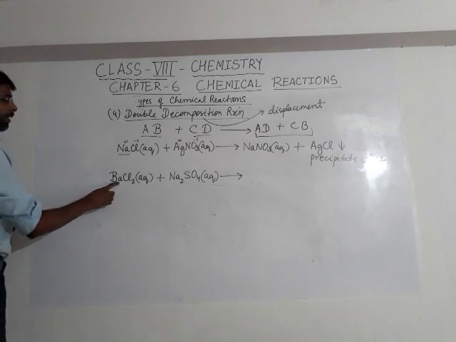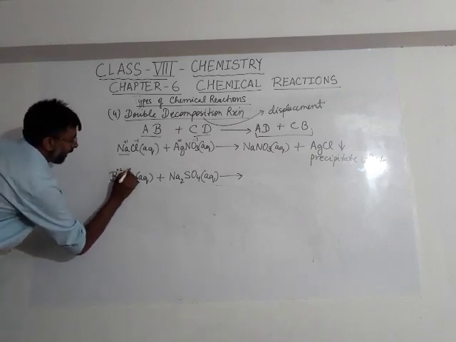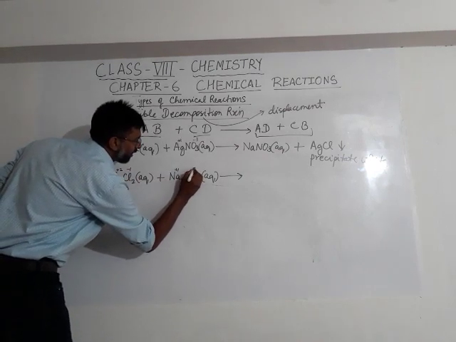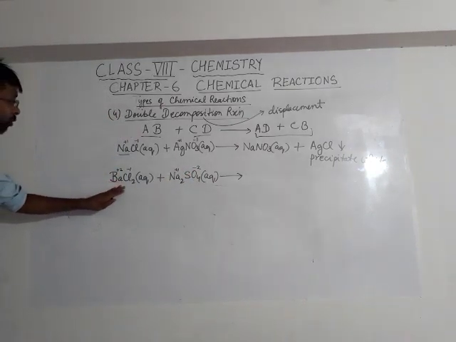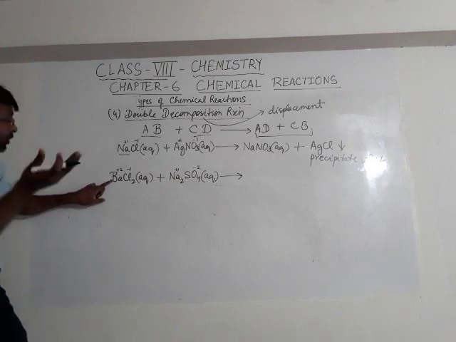Barium chloride: barium valency +2, chloride valency -1. Sodium valency +1, sulfate radical valency -2. Now, when I react barium chloride solution with sodium sulfate solution, the radicals are interchanged.